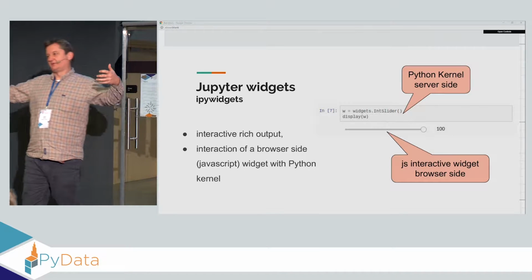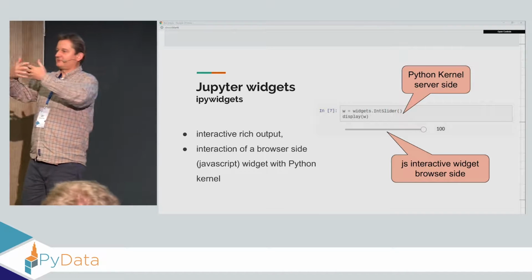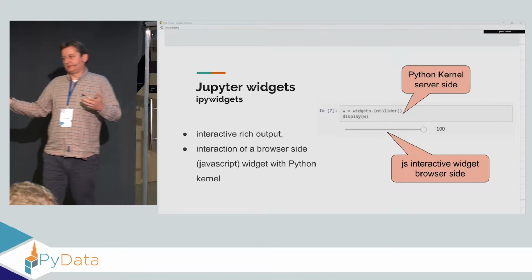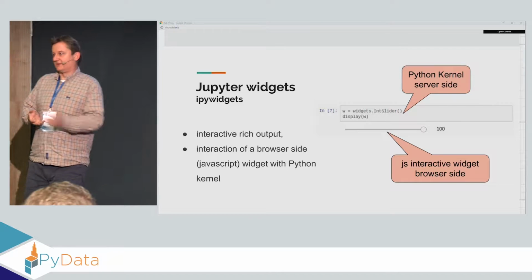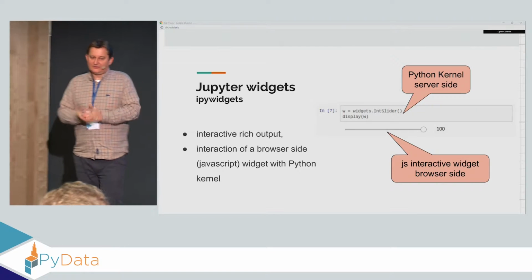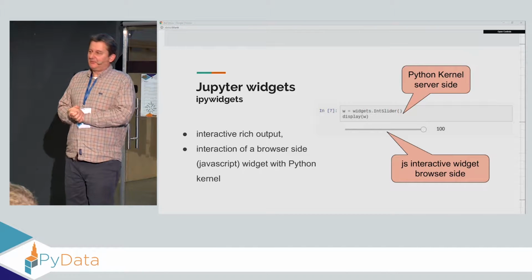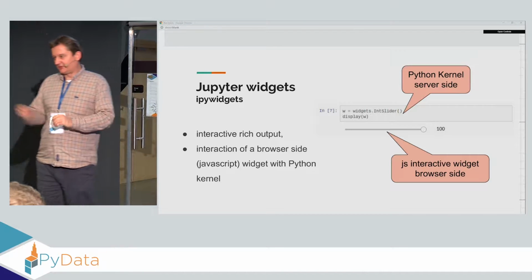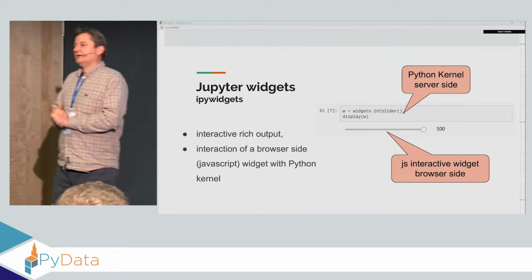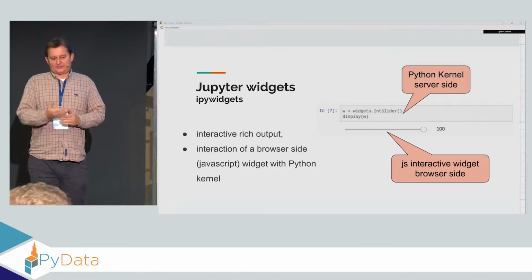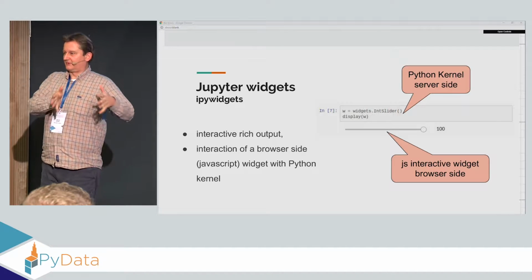And those two objects are connected using some standardized protocols, and I can update a JavaScript object and get the update in the Python world, and vice versa. And it's a very simple idea. It's pretty much mature already. And this example, which is on the slide, is just showing a slider which you can move, and you can have the state of the slider almost immediately transferred to the kernel, to the server side.